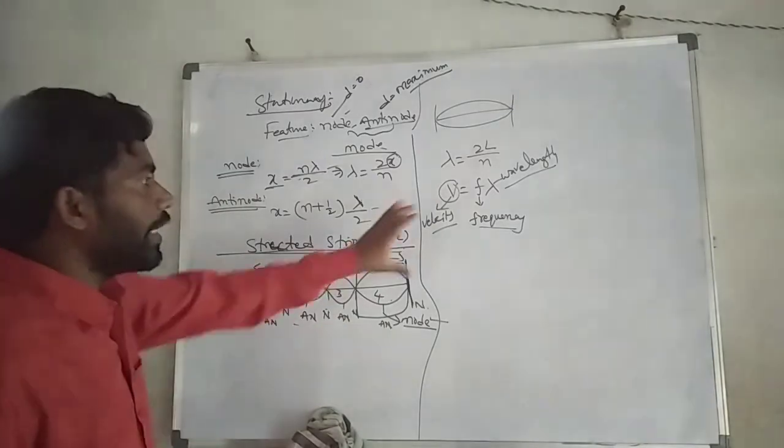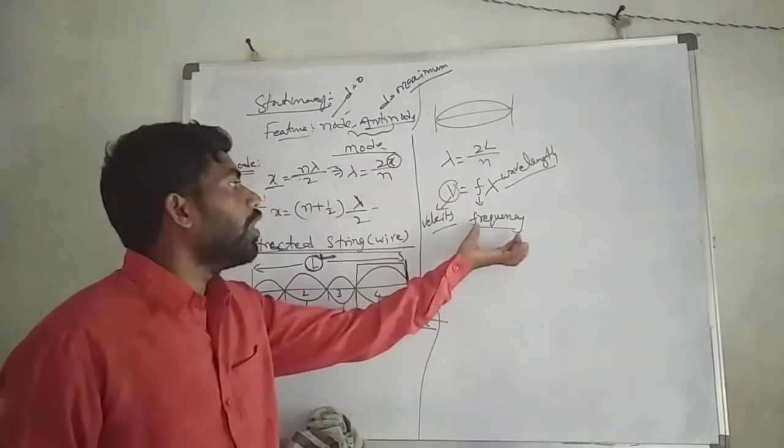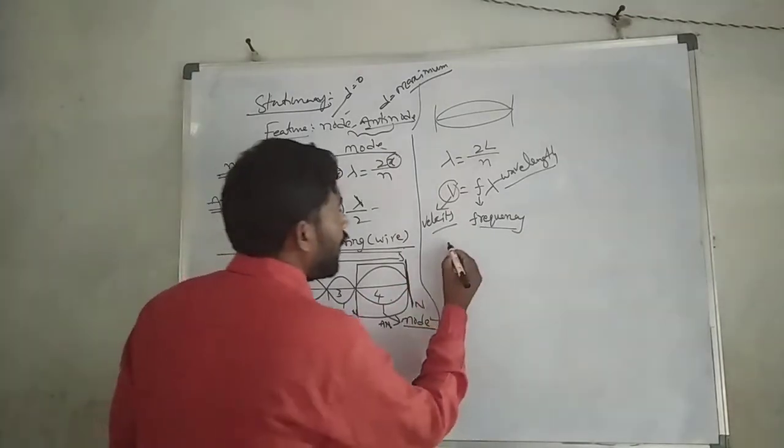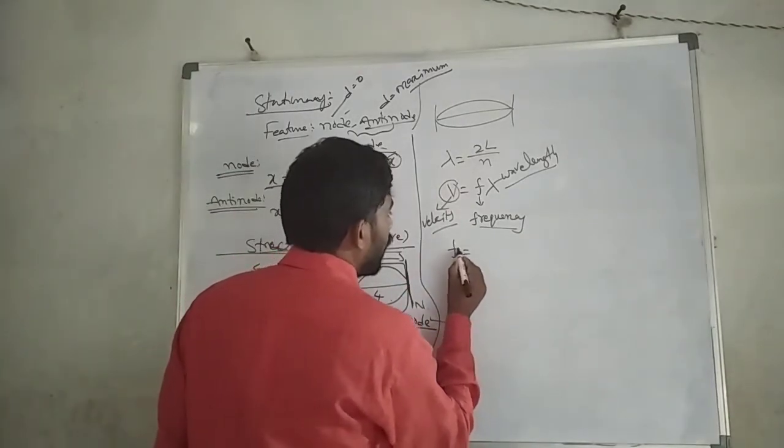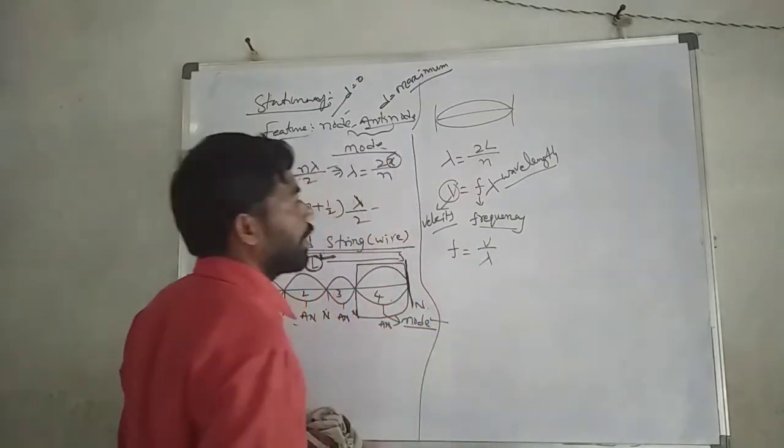But in the stationary wave, the special feature is the constraint on the frequency. So the frequency f equals v by lambda.